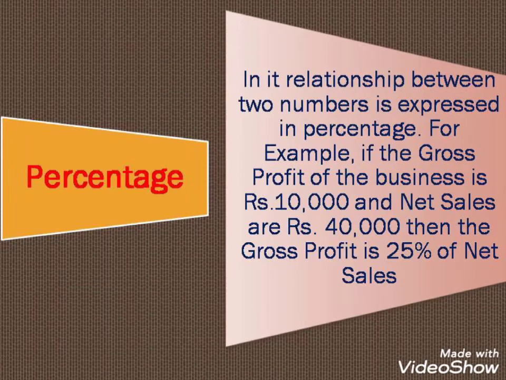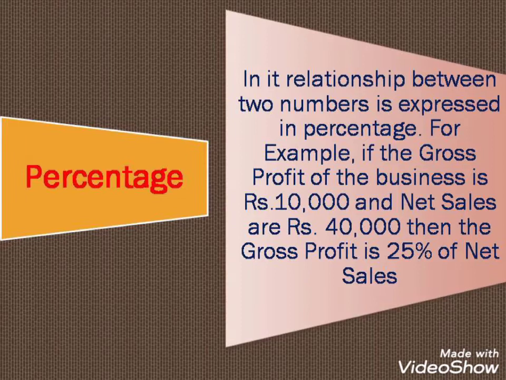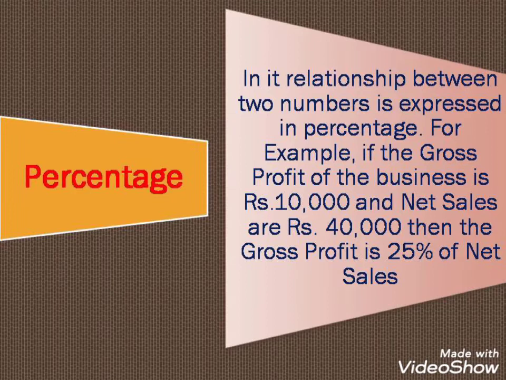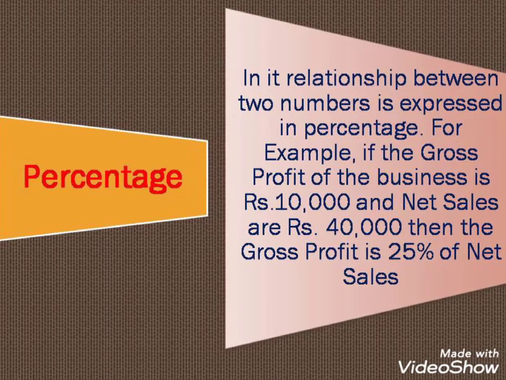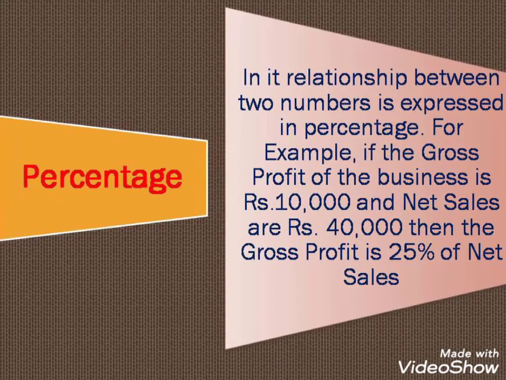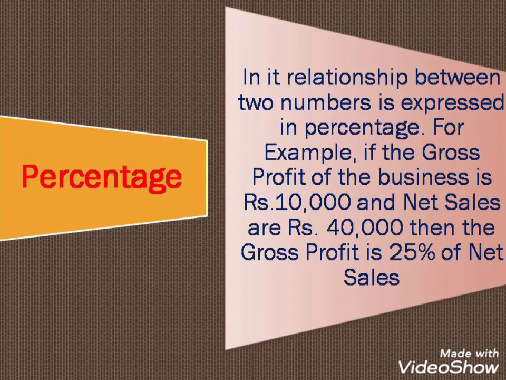Percentage. It is another form of expressing ratios. In it, relationship between two numbers is expressed in percentage. For example, if the gross profit of the business is rupee 10,000 and net sales are rupee 40,000, then the gross profit is 25% of net sales.